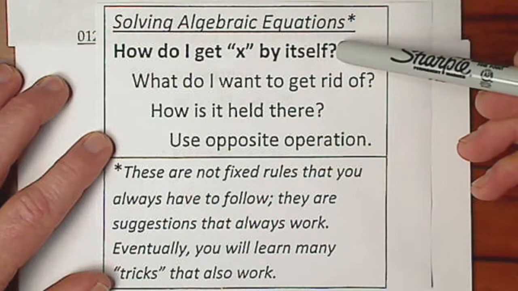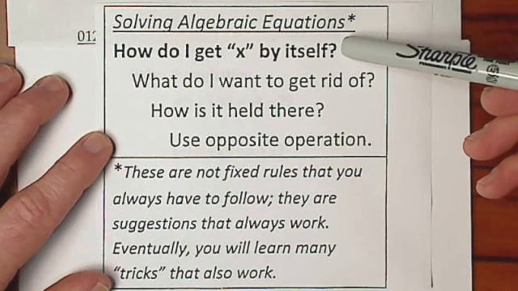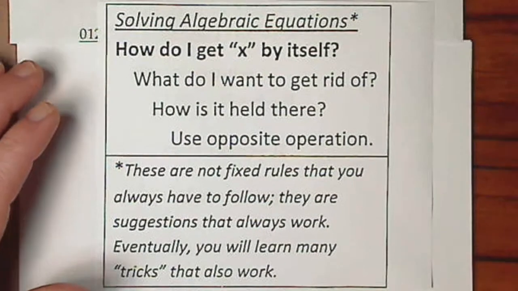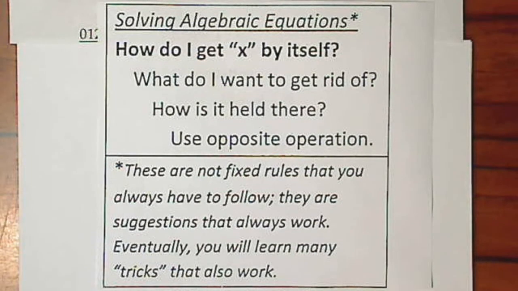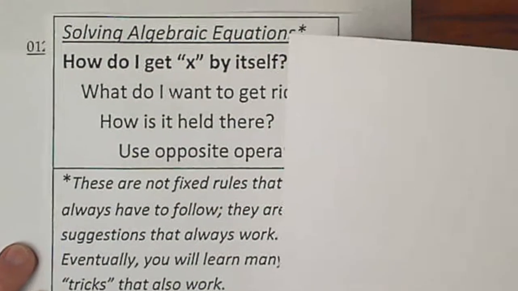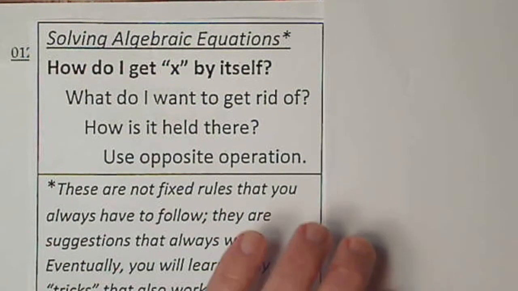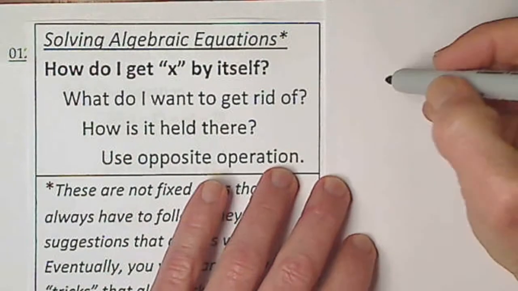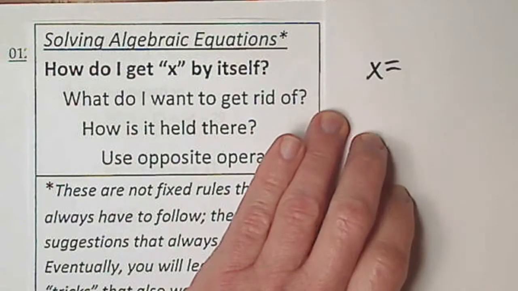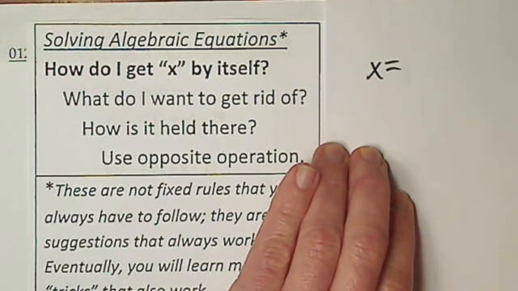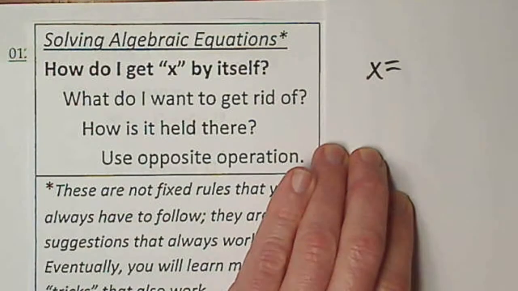My first goal is going to be to get x by itself, or that's basically what I always ask when I approach the problem. If you can get x by itself, you have the answer. And when I say by itself, I mean, if you have x equals, I don't care what's over here, you've solved the equation.